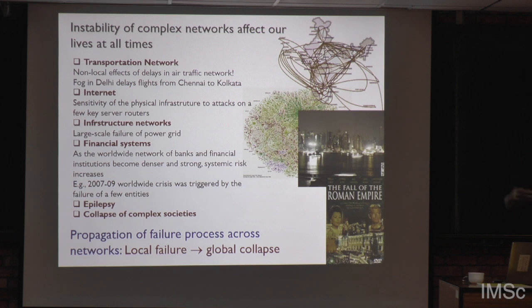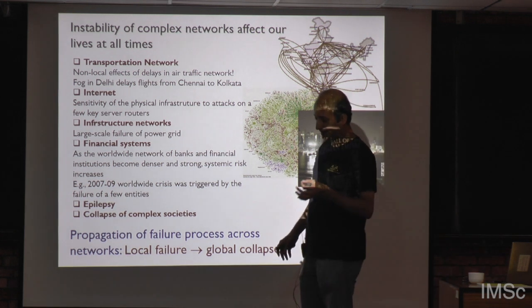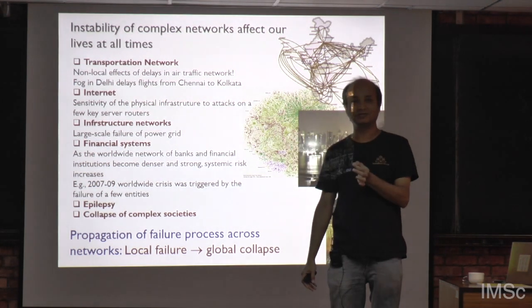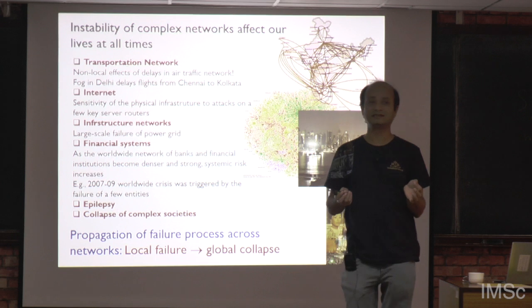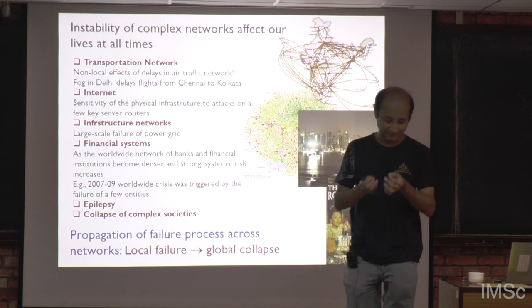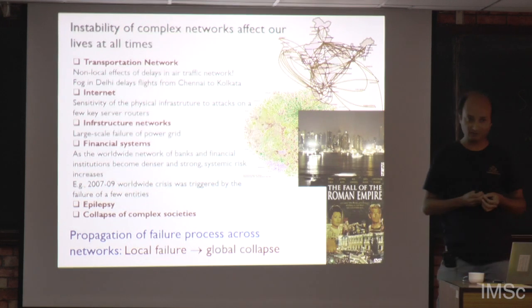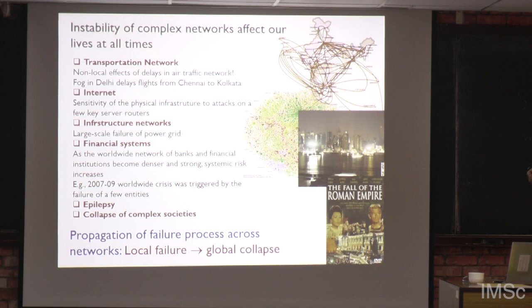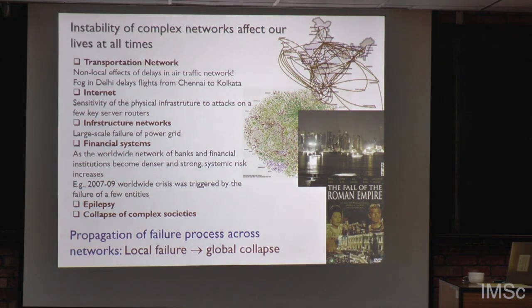Okay. So that's what I mean by instability. So this is a disturbance which normally wouldn't have affected you had you not been connected in terms of this complex network. Its effect only comes about because of the disturbances which are propagating from node to node through the network.